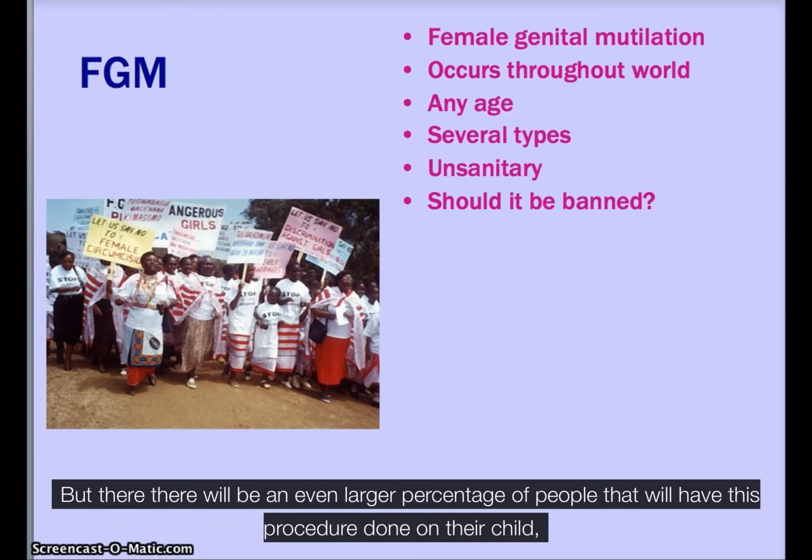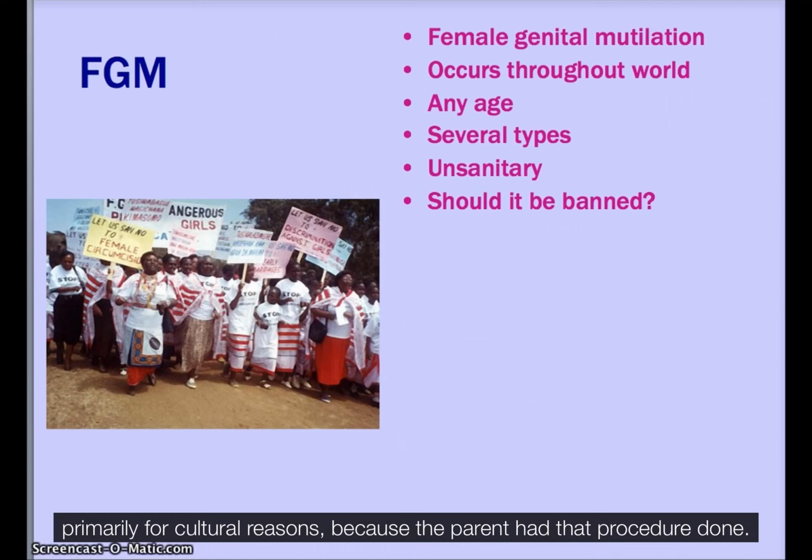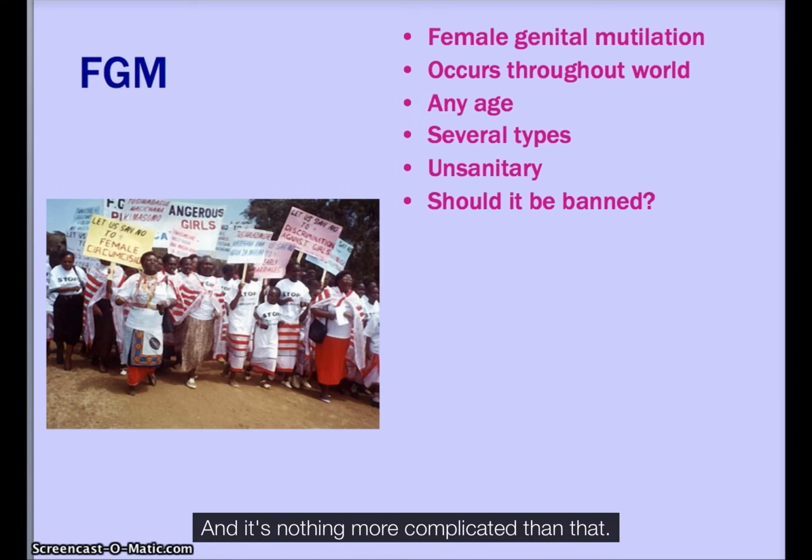But there will be an even larger percentage of people that will have this procedure done on their child primarily for cultural reasons, because the parent had that procedure done. And it's nothing more complicated than that.